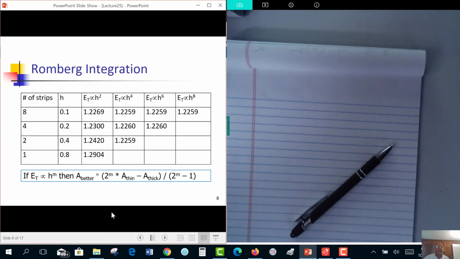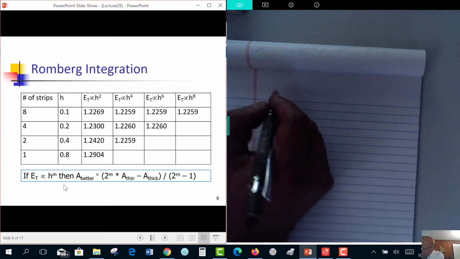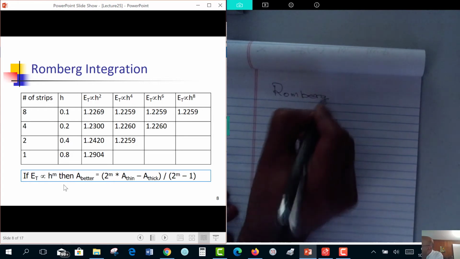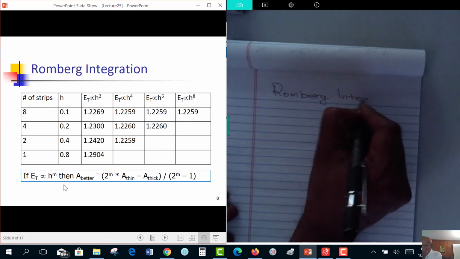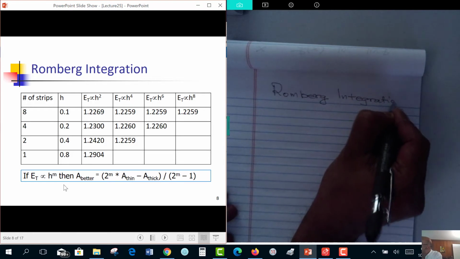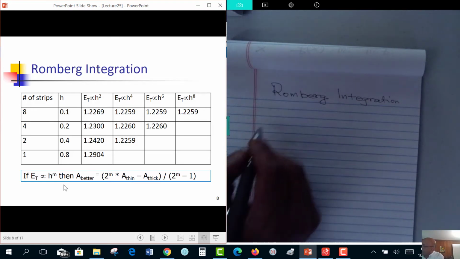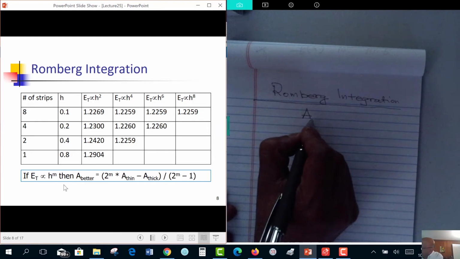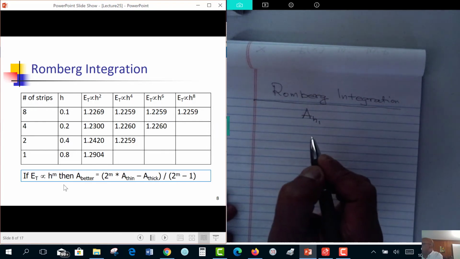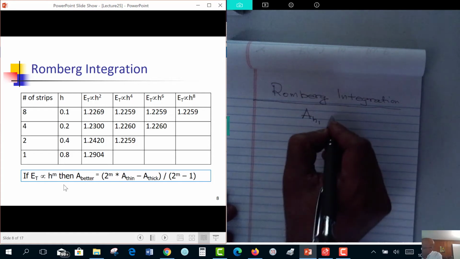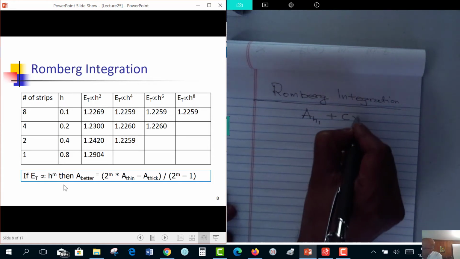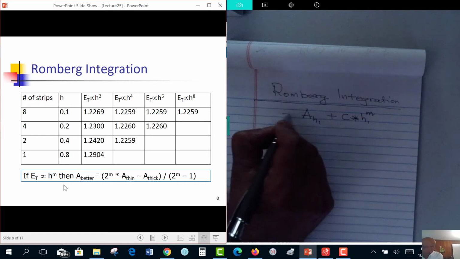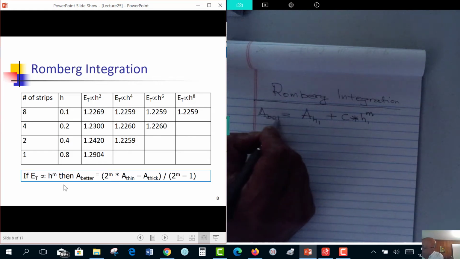So what we can do is use a process called Romberg integration. Let's suppose we have an area estimate using strip size h1, and let's suppose it has an error which is proportional to h1 to the power m.